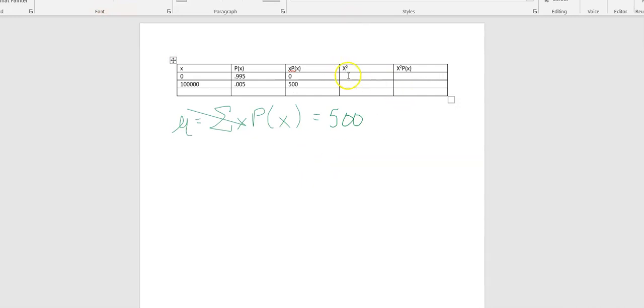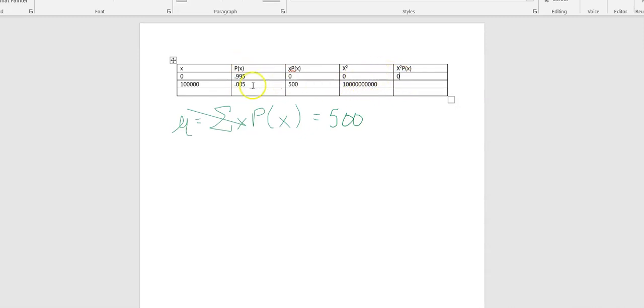All right, so first let's get our x squareds. If we square the x, 0 times 0 is 0. If we square 100,000, it's 1 with 10 zeros. All right, now let's be careful. We want this times this. So 0 times 0.995 is still 0.